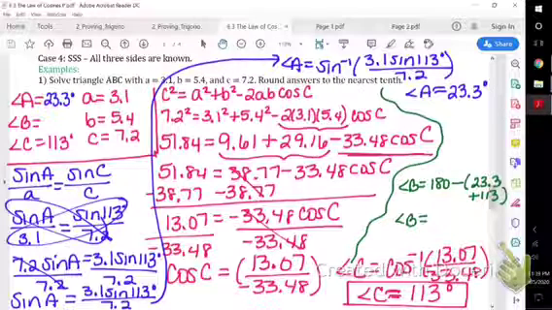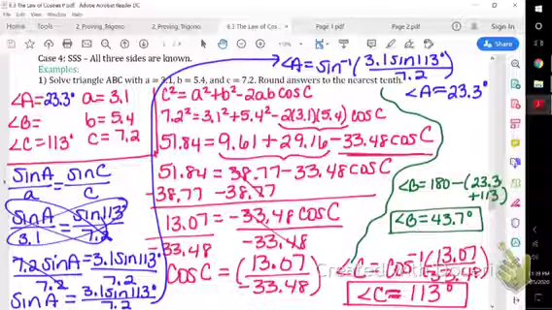And so we plug that in and we get angle B equals 43.7 degrees. I am so sorry this is so messy, guys. So 43.7 degrees. And we've got all of our information there, so our triangle is complete.